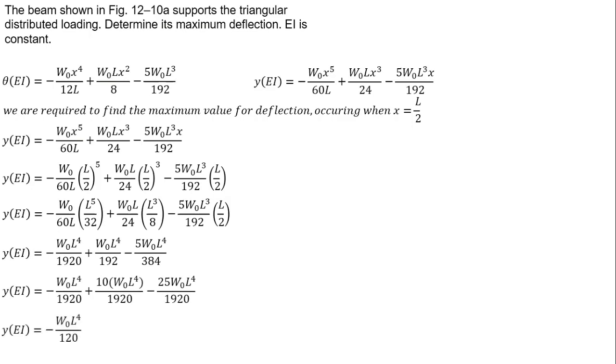And then simplifying the equation, y times EI is equals to negative W0 L to the fourth power divided by 120. So ilipat lang natin yung EI doon sa kabilang side ng equation natin. So y max is equals to negative W0 L to the fourth power divided by 120 times EI. So ganito kahaba yung solution natin para makuha yung sagot for these types of problem.